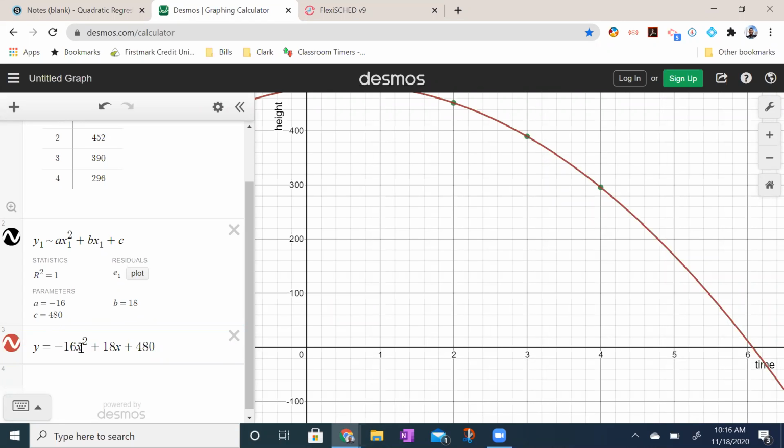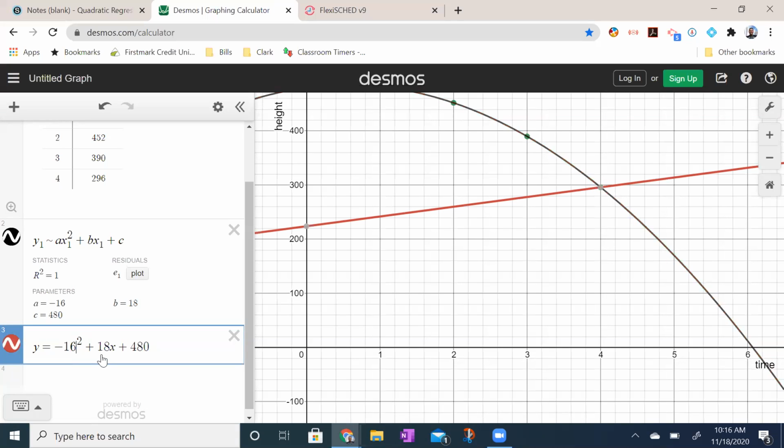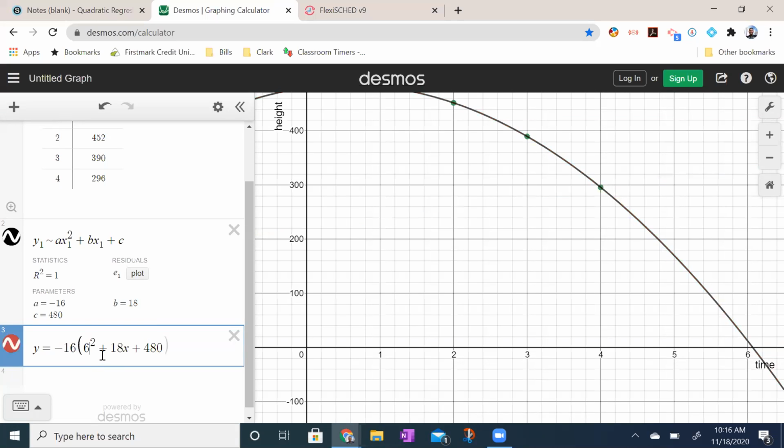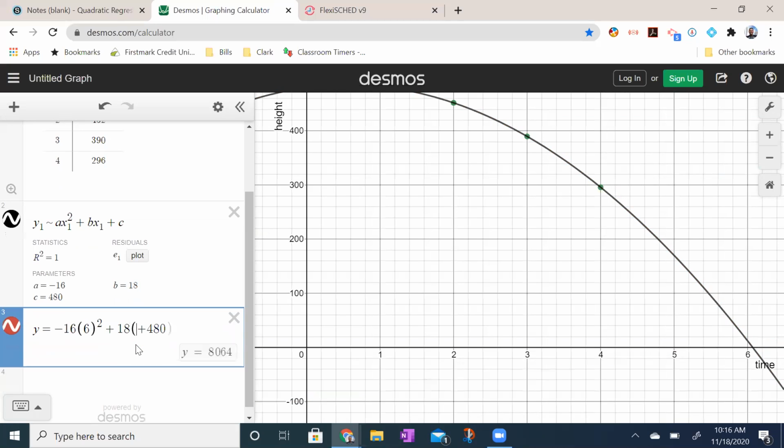To find out what that is exactly, we can put 6 into x here. So I'm going to delete the x, put a parentheses, and type in a 6 everywhere there's an x. And then it tells us right here, y equals 12.